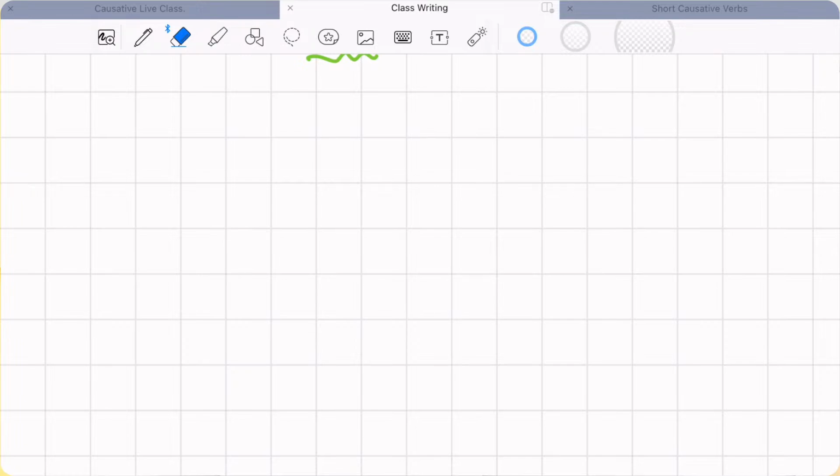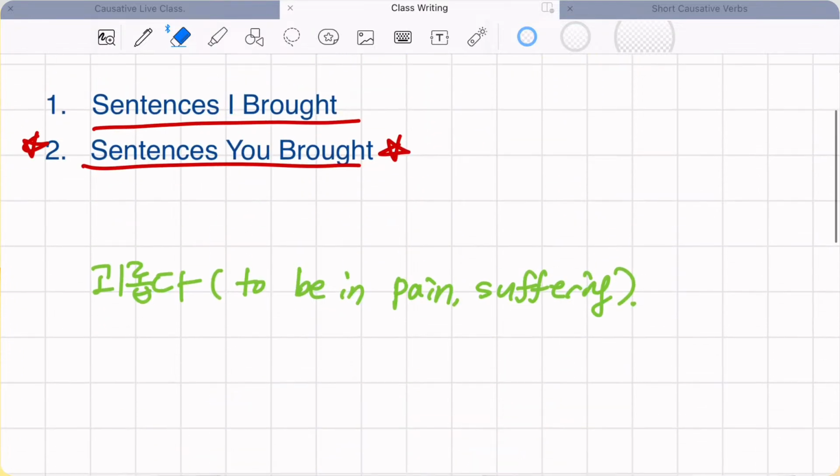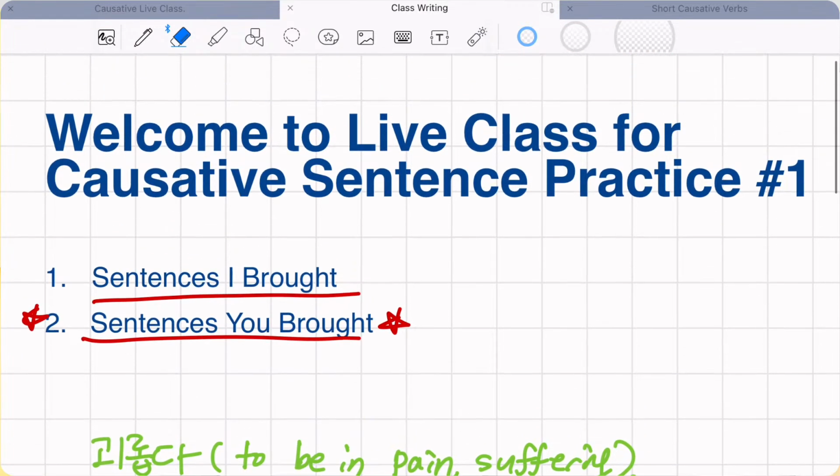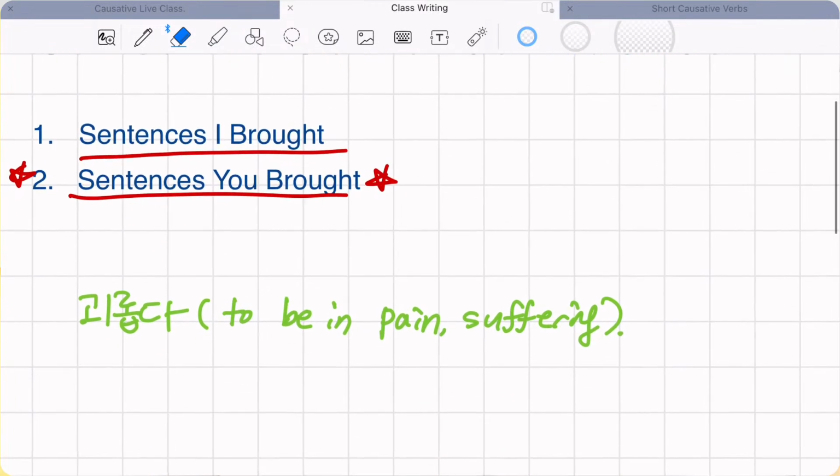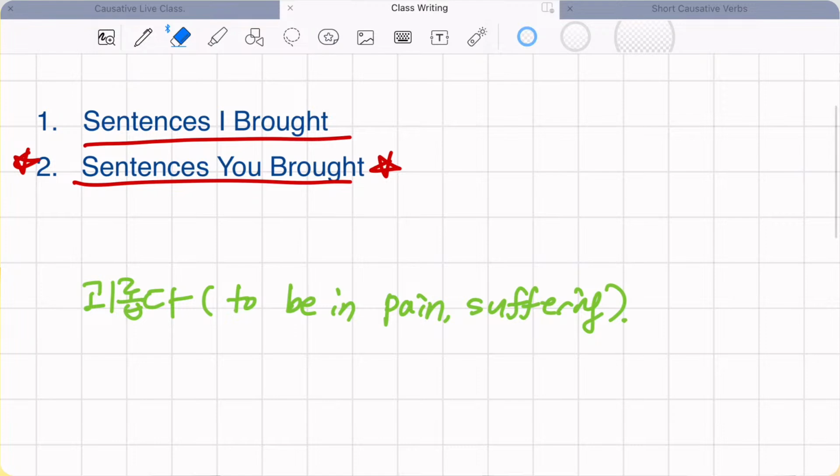Then that would mean I would have to end this class earlier than I expected. 진짜 없어요, 여러분? Really? There's no one that would like to give it a try? It could be any sentence that you made spontaneously. 없습니까?